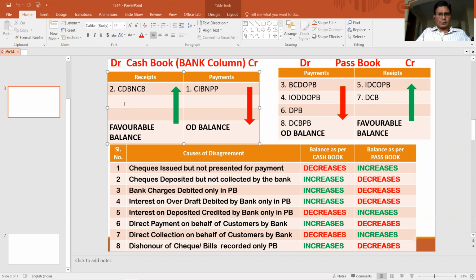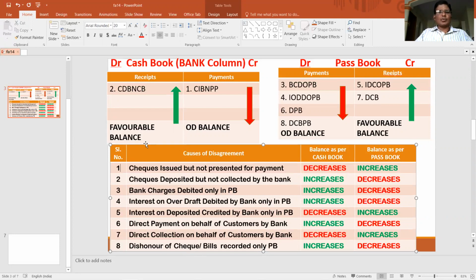Undercasting means you have to understand: undercasting means that amount was not recorded.